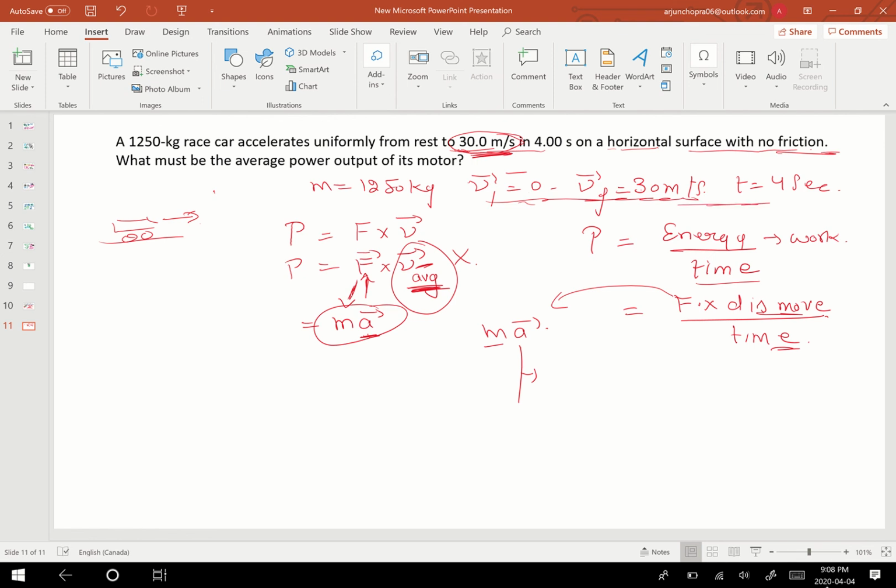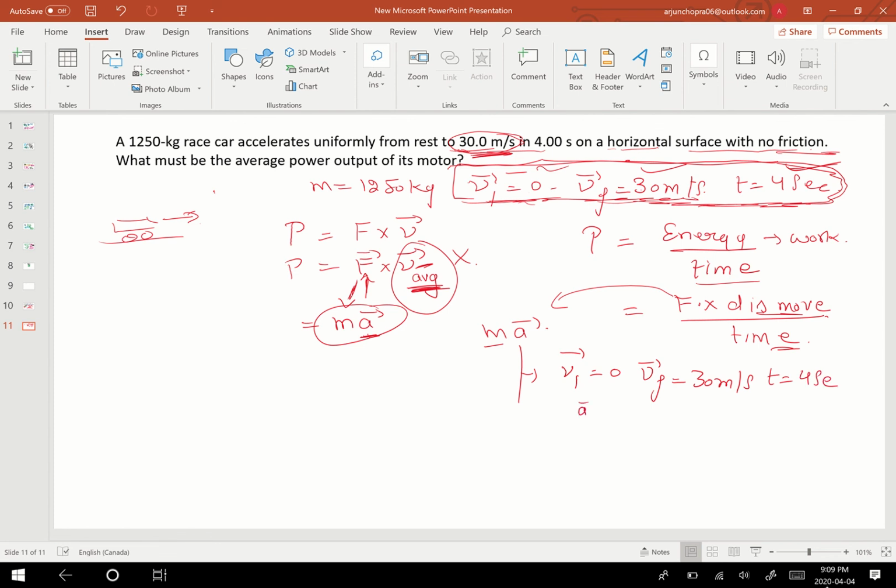Yes. If we look into the kinematics formulas, students who are new to this video can look into my kinematics video also. From there they can find out how, if three things are given and I want to find the fourth, I can find that value. So v initial is 0, v final is equal to 30 meters per second, and the time given to me is 4 seconds.